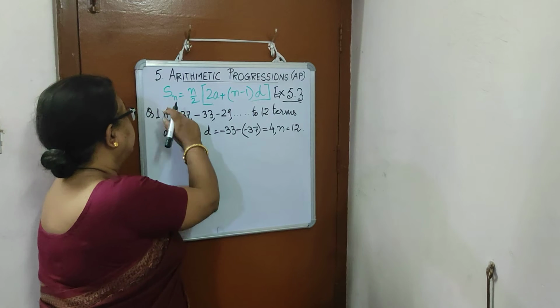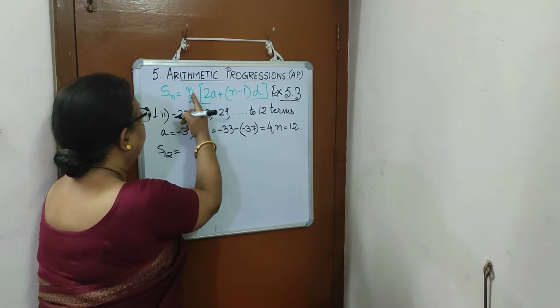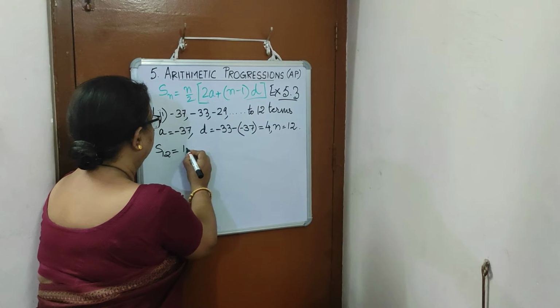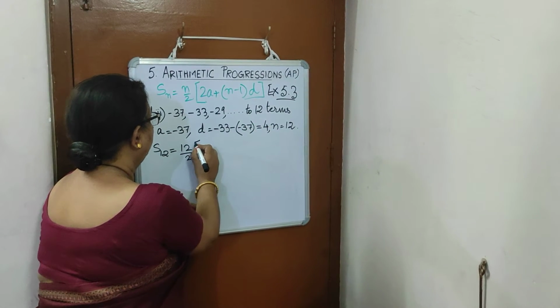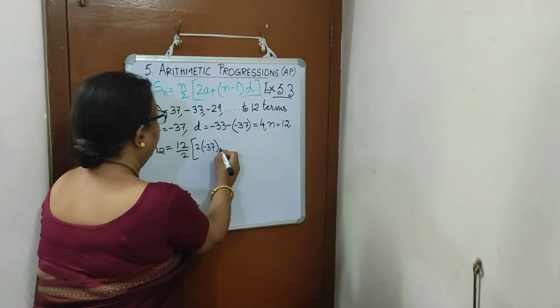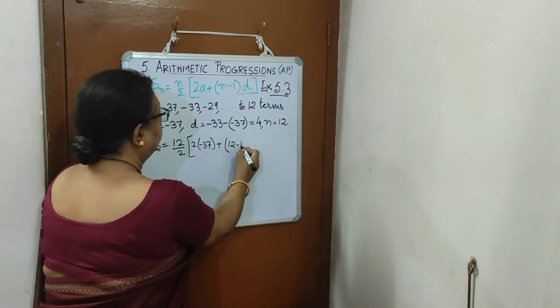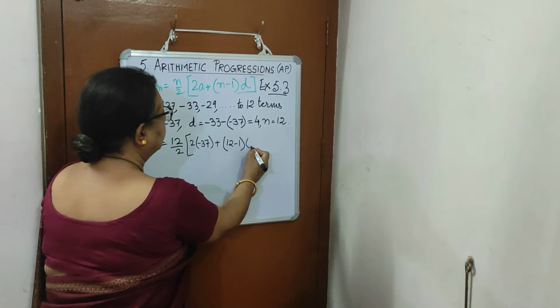So we have Sn, that is 12. n is 12. n by 2, 2a plus n minus 1 into d, d that is 4.